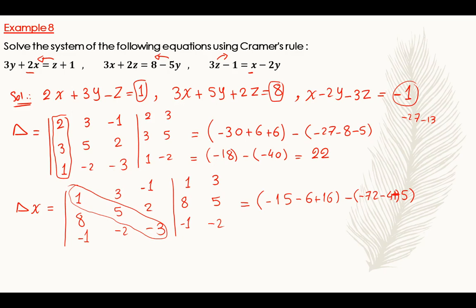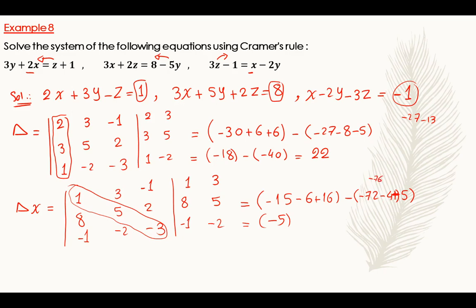Negative 15 minus 6 plus 16 plus 5, negative 15 plus 10, it will be equal to negative 5. Here we have negative 72 minus 4, which is negative 76.